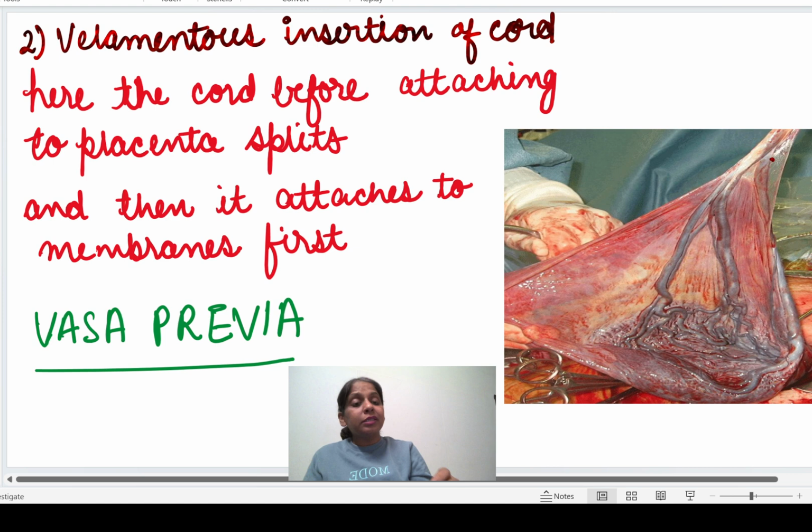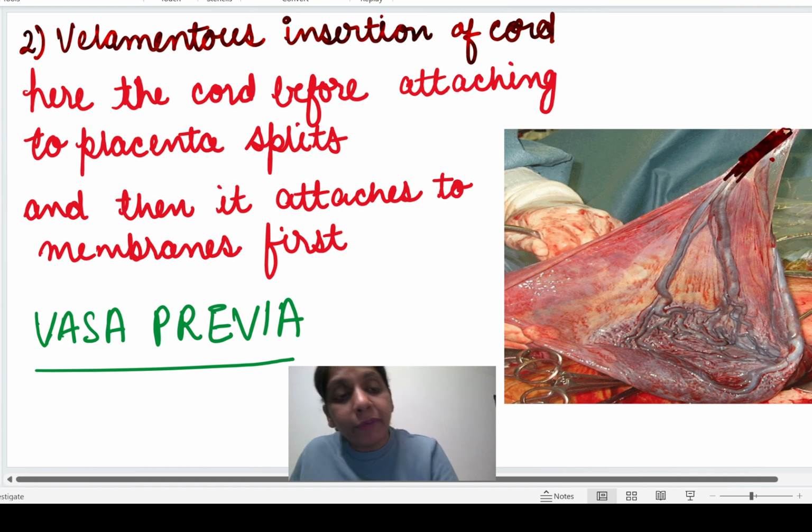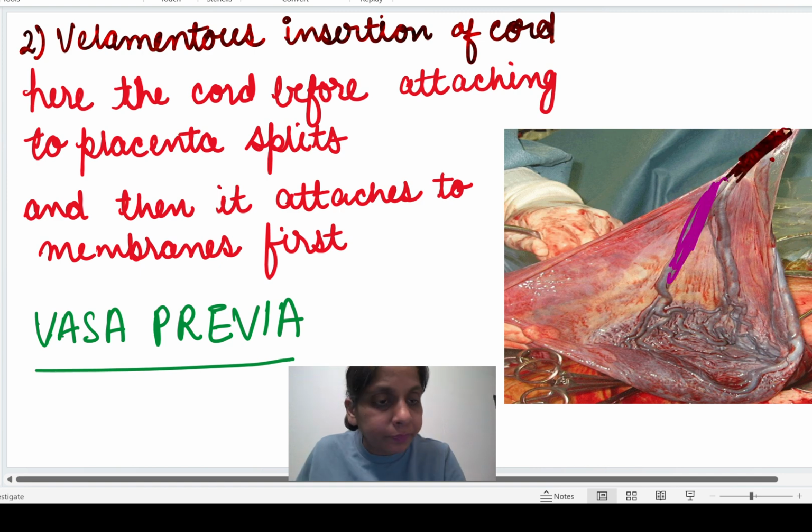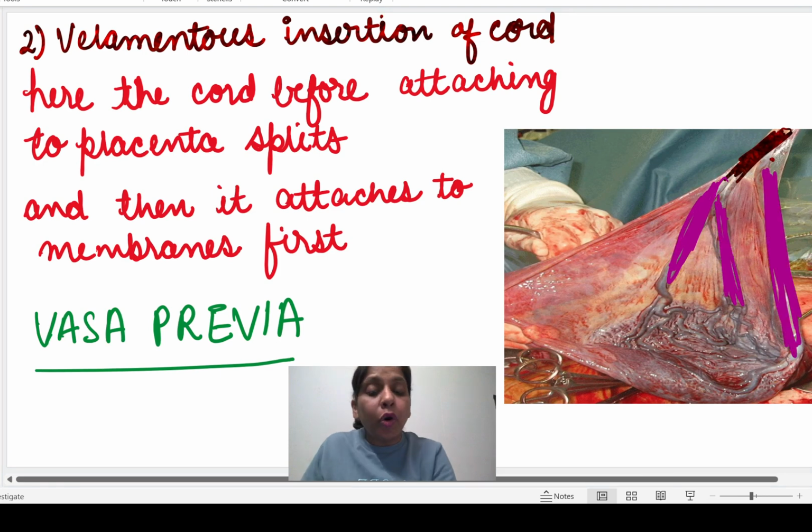See here, this was the umbilical cord and the Wharton's jelly has finished, and these are the 3 vessels, if you can appreciate, 1, 2, and this is a third vessel. So the vessels separate before the umbilical cord insertion, because the Wharton's jelly is not sufficient, right?